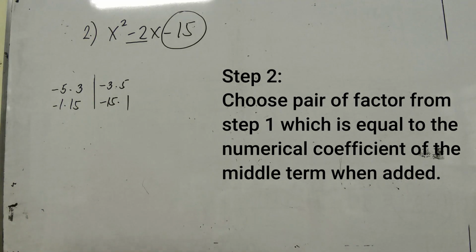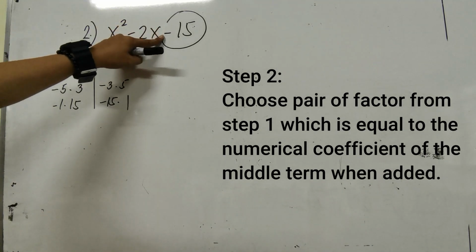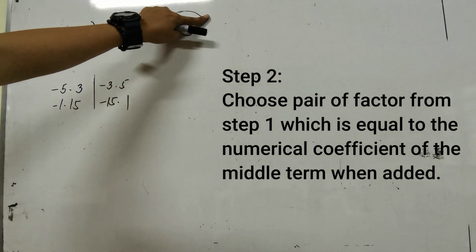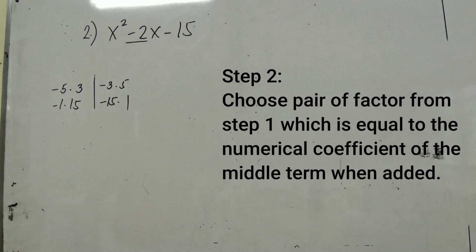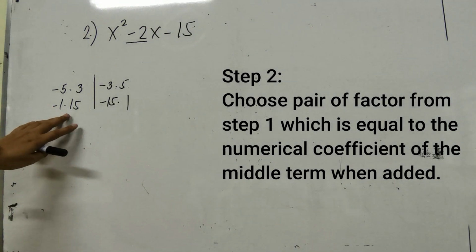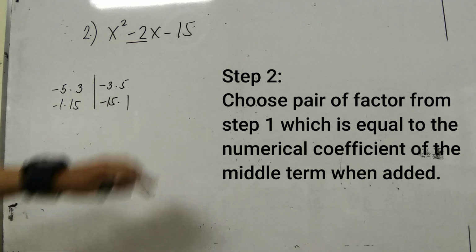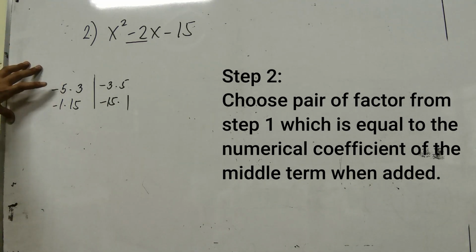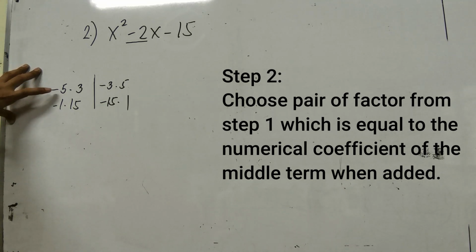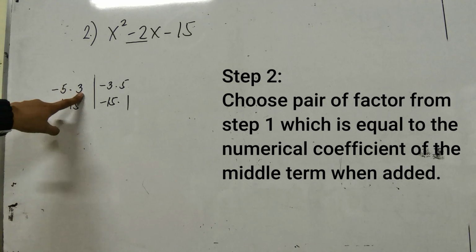Look at the numerical coefficient of our middle term. So, that is negative 2. Ibig sabihin, hahanapin natin ngayon sa listahan ng ating factors, ano ang kapag inad natin, merong sagot na negative 2. So, isa-isahin natin. So, for our first factor, nakuha na naman kaagad natin kasi we have negative 5 plus 3.